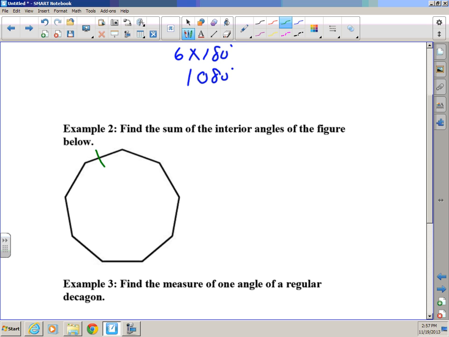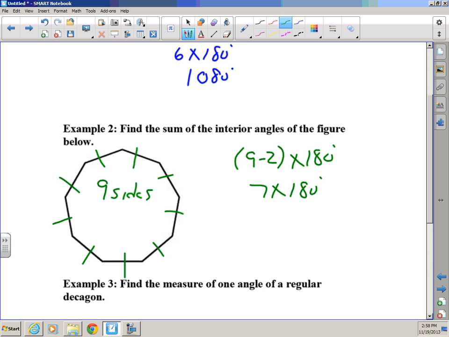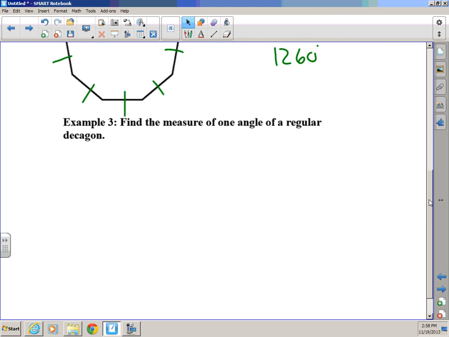Now, for the figure here, I count that I have 9 sides, a nonagon, so I'm able to form 7 distinct triangles, and in total it's going to come up to 1,260 degrees. So again, in the first two, I'm finding the sum of the interior angles. Now, the third example is going to be a little different. I want the measure of one angle of a regular decagon.